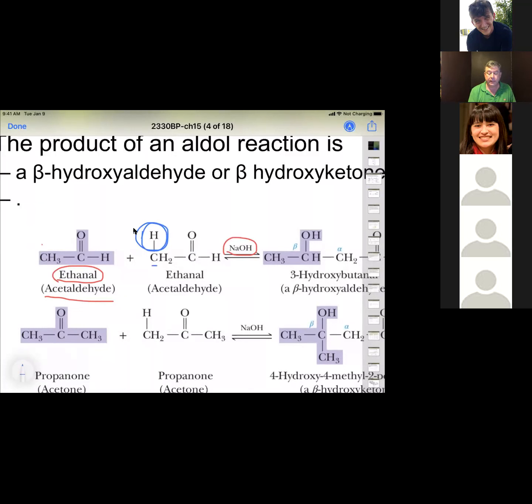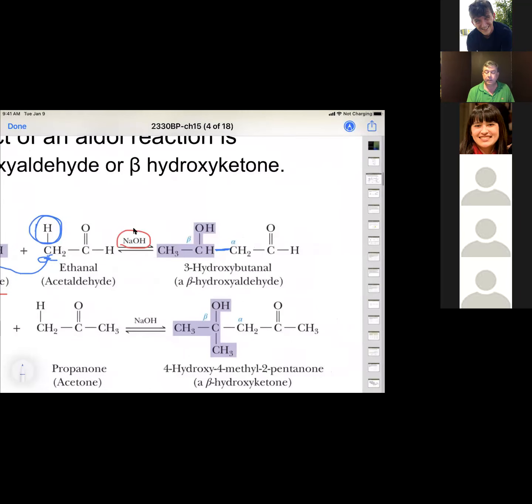Then we create our enolate here, and it attacks the carbonyl here. So we're forming a new sigma bond from this alpha carbon to the carbonyl carbon. It creates the carbonyl alcohol material, and in this case, it's a hydroxy aldehyde.